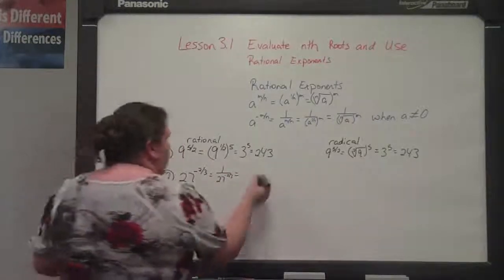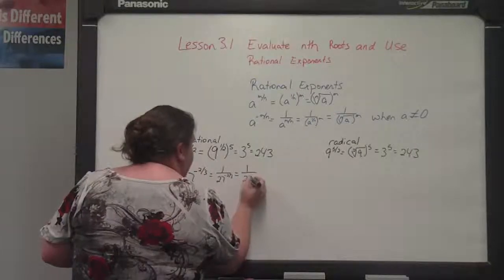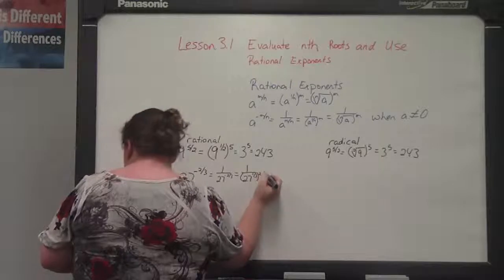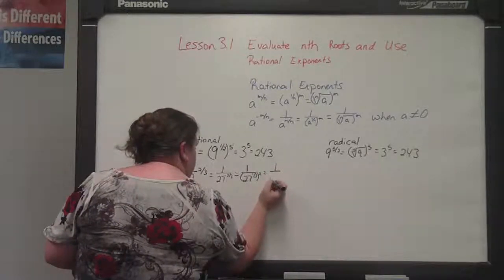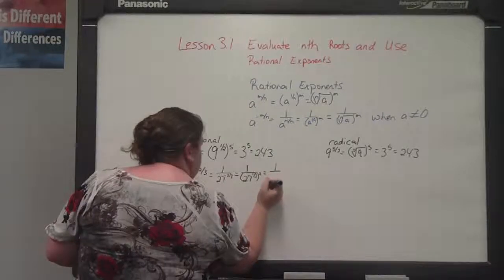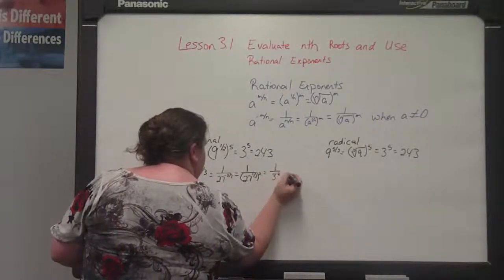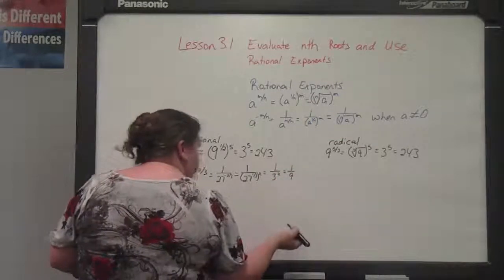Now I can rewrite it as 1 over 27 to the 1/3 squared, which will give me 1 over 3 squared, which will get me 1 over 9.